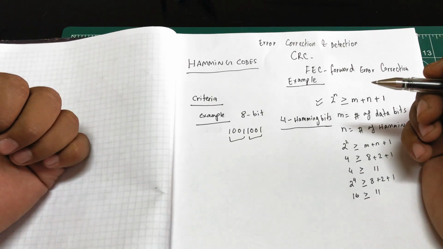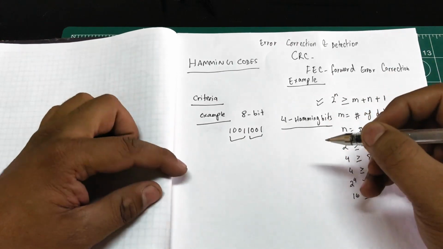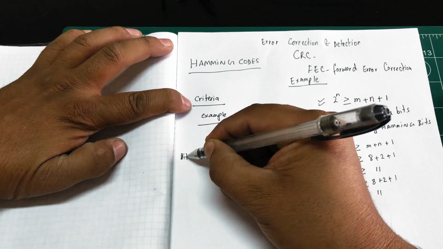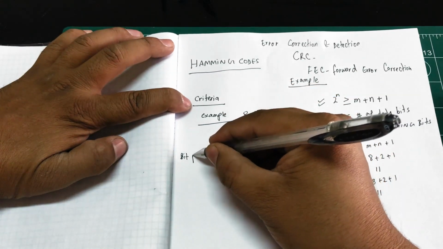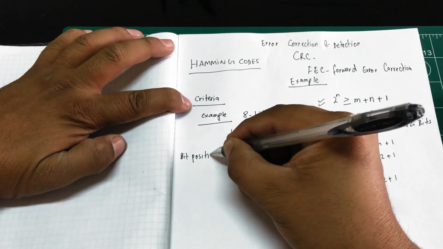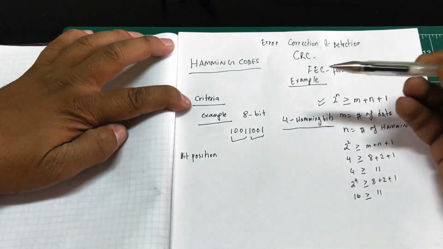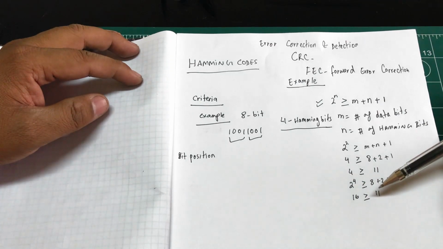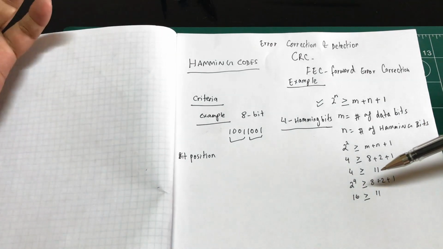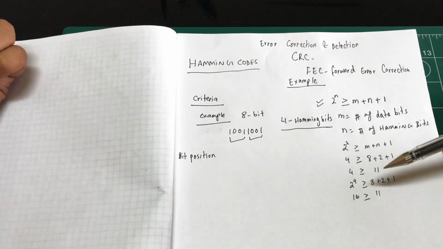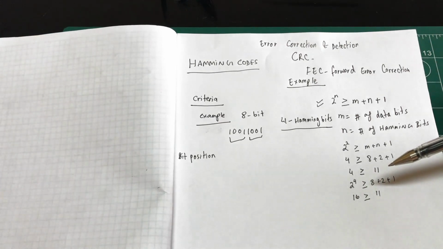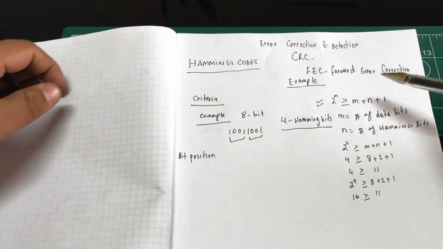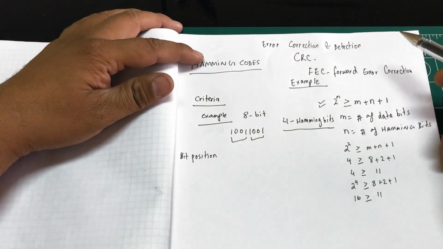Okay, the way I'm going to do it is this. First, I'm going to write my bit positions. With 8 bits, I need to transmit 4 additional bits. So the total bits that I'll be transmitting with Hamming bits are going to be 12 bits: 8 bits of data and 4 bits of Hamming bits. This is what I need to transmit in order to perform error correction and detection.